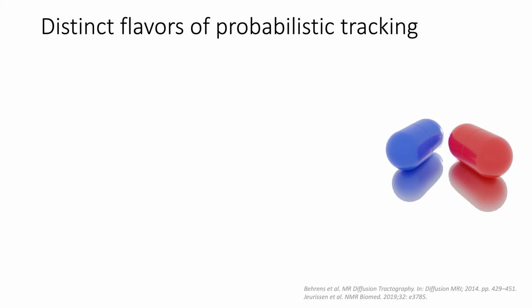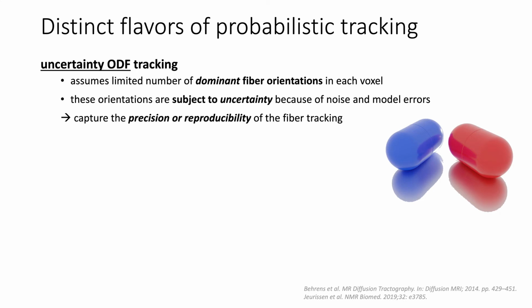It is important to understand that there are basically two fundamentally different schools of probabilistic fiber tracking. The first school assumes that a limited number of dominant fiber orientations are present in each voxel. These local fiber orientations are subject to noise and modeling errors, resulting in a distribution of possible fiber orientations, also known as the uncertainty ODF or UODF.